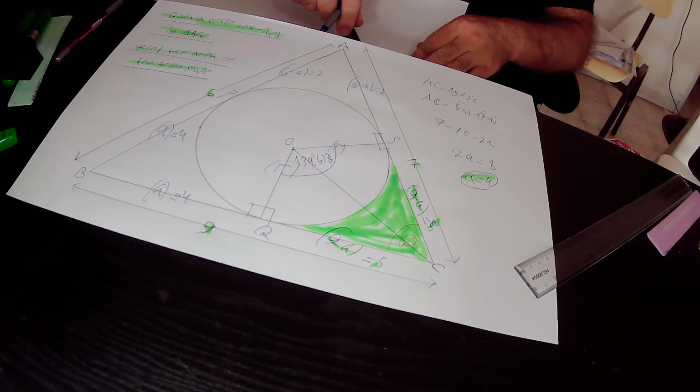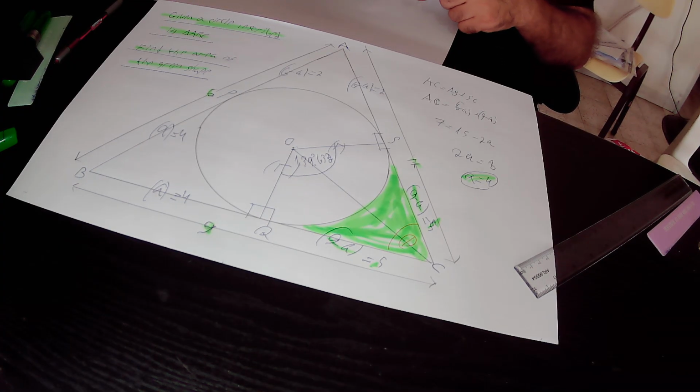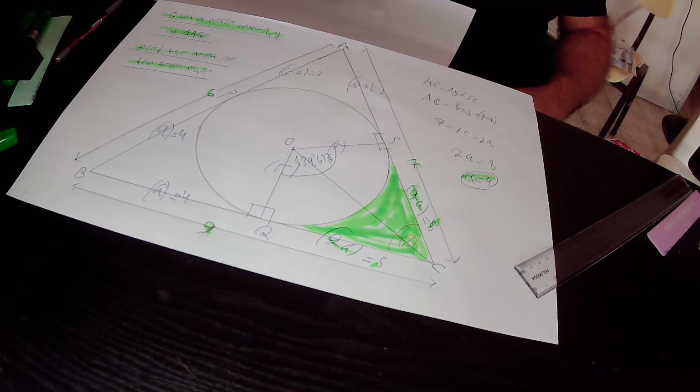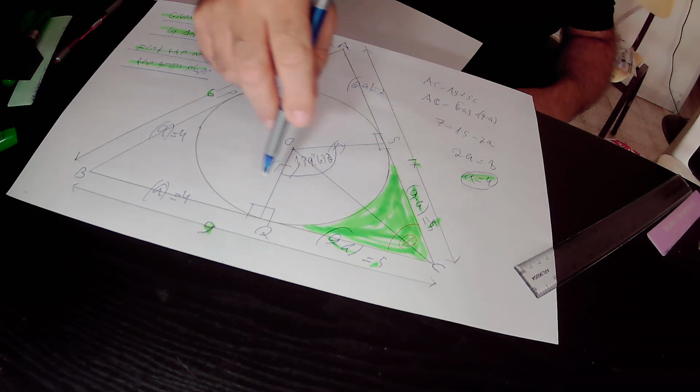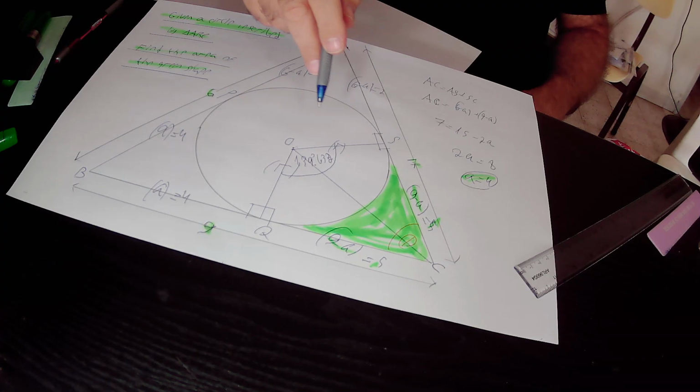From the drawing, it is very easy to see that the area of this green shape is equal to the area of quadrilateral OSCQ minus the area of this sector OSQ.